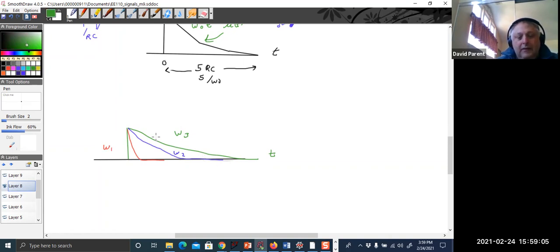So in this case, remember, this is 5 divided by omega 3. Okay. So omega 3 is smaller than omega 2 is smaller than omega 1.